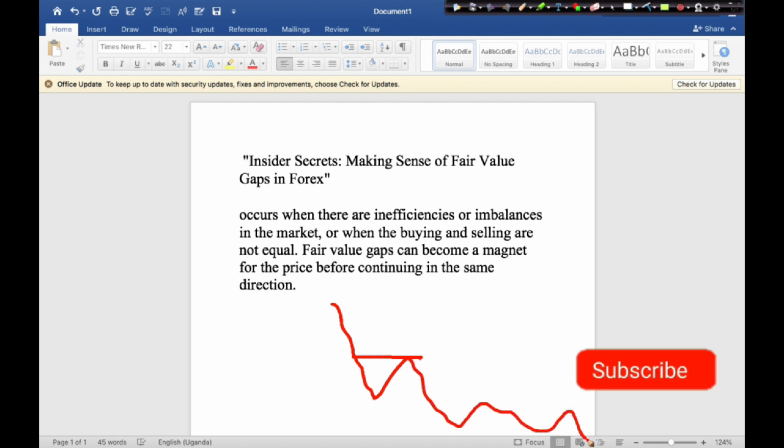Now, what causes these gaps in the markets are usually a couple of factors. They can be mainly economic factors, such as interest rates, unemployment, and sudden news releases that we never expected. Also abrupt sentiments in the markets.